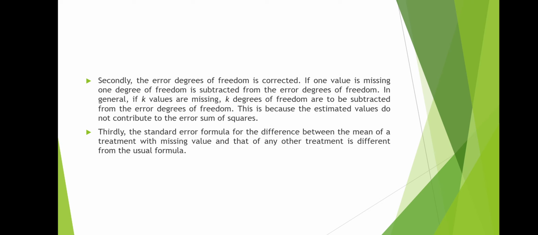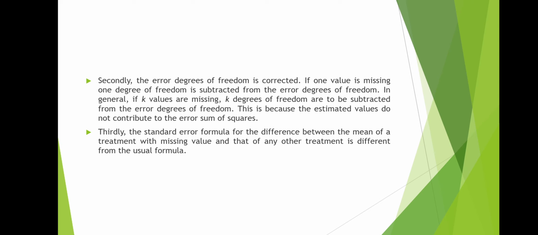So we have gone through our ANOVA table. We know we have different types of sums of square, and one of the important sums of square is our error sums of square. But in case of missing value, in RBD, if we have 10 treatments and 3 replications, then our error degrees of freedom should be (t minus 1) and (r minus 1), that is 9 into 2, 18.